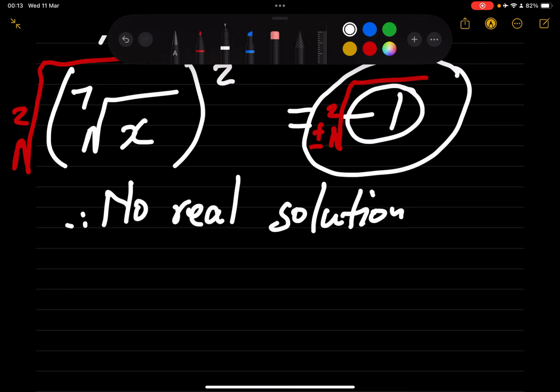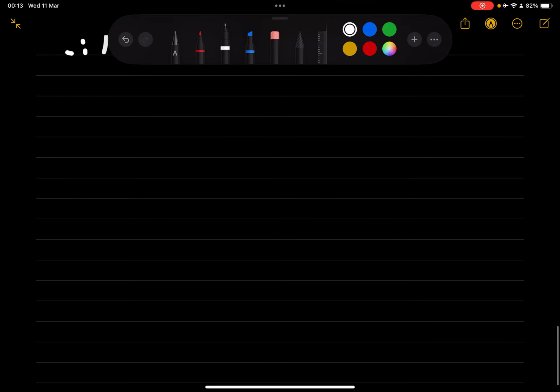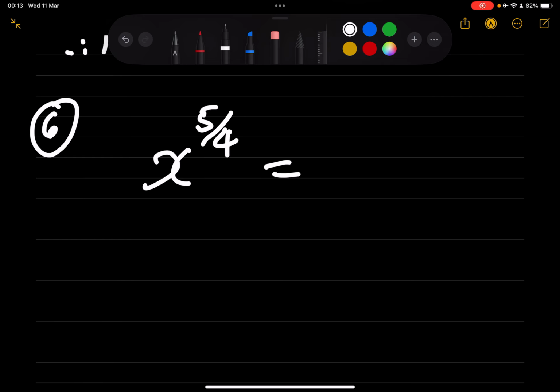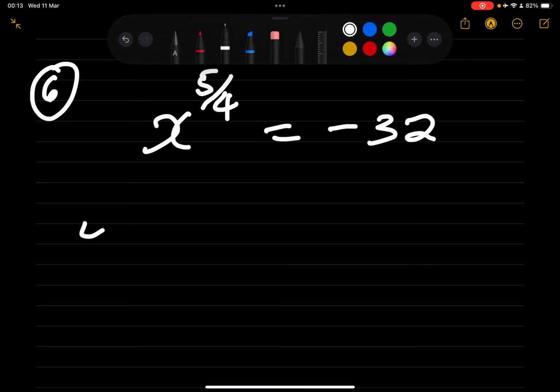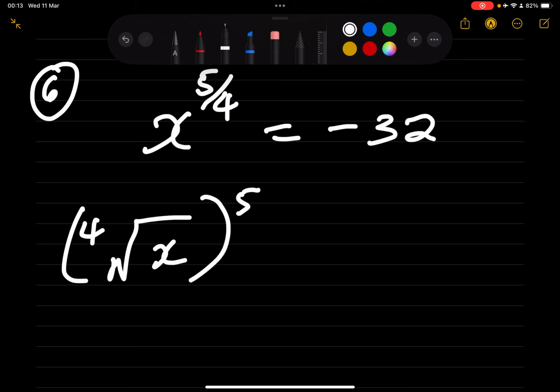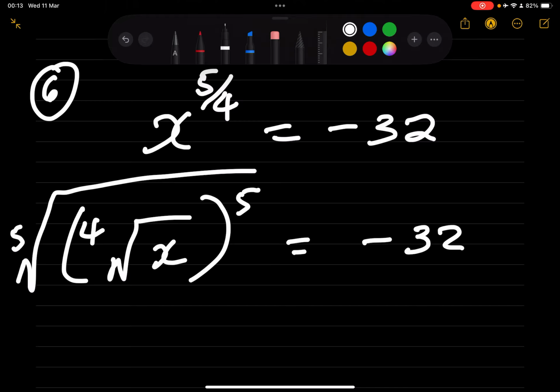All right, let's go on to question 6. We have x to the power 5 over 4 equals negative 32. The root is 4 because it's the denominator, and the power is 5. And then we have negative 32. To remove the power of 5, we need to fifth root both sides.